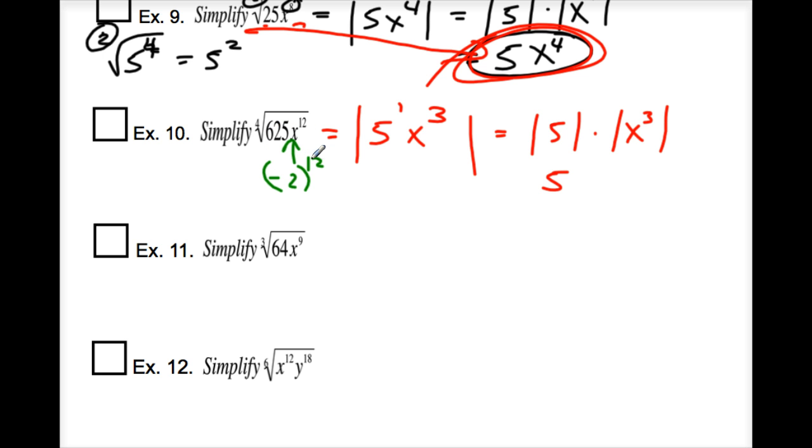It would have turned to a positive on the inside. And we could have taken it out like we did, made x a 3rd. But now if I put negative 2 in over here, I end up with a negative unless I have those absolute value symbols going there. So on this one, I actually leave the absolute value of x to the 3rd in my answer.